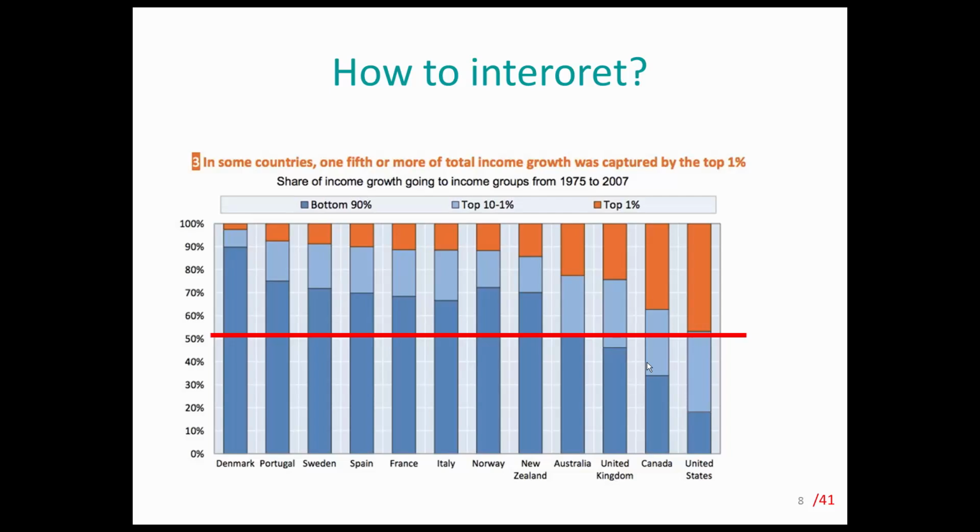Sometimes the charts or the histograms are easier to interpret, sometimes it's harder to interpret. For example, in this chart you have to figure out what these orange or blue or dark blue and light blue show in terms of comparing different countries in how the national income is distributed.